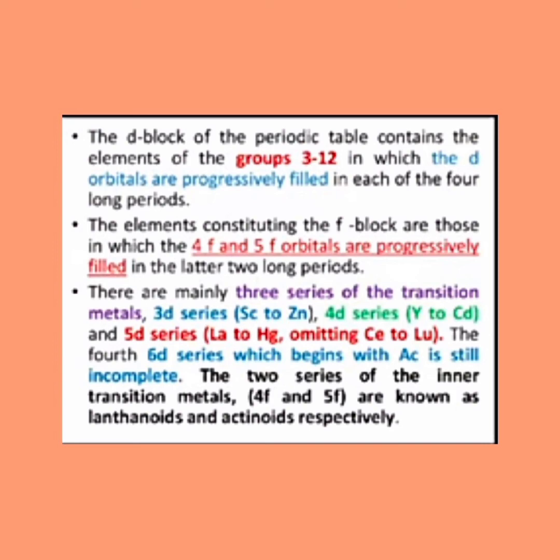There are mainly 3 series of transition metals: 3d series from scandium to zinc, 4d series from yttrium to cadmium, and 5d series lanthanum to mercury omitting Ce to Lu. The fourth 6d series, which begins with actinium, is still incomplete. The 2 series of inner transition metals 4f and 5f are known as lanthanoids and actinoids respectively and are placed at the bottom of the periodic table.